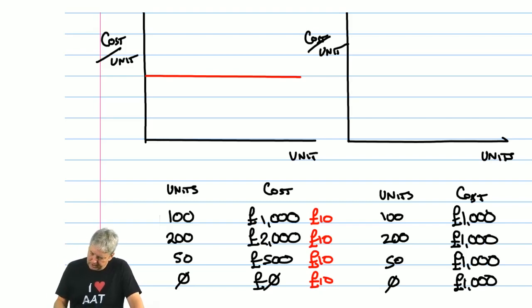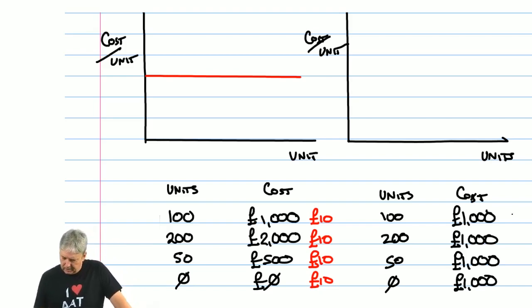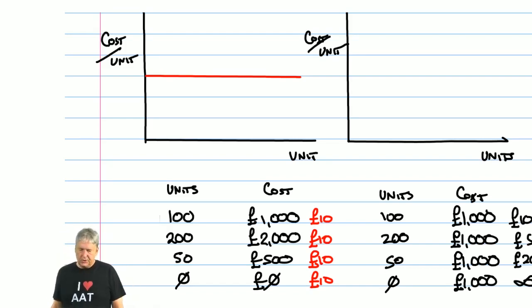So 1,000 divided by 100, that's 10. Divided by 200, that's 5. Divided by 50, that's 20. Divided by that, ooh, that's a big number, infinity. So what we see here, and yes, I know I'm going to have to use the tongue. Are you ready?